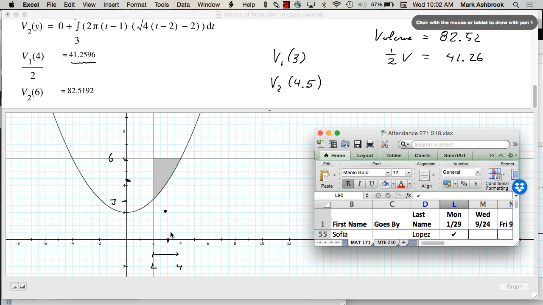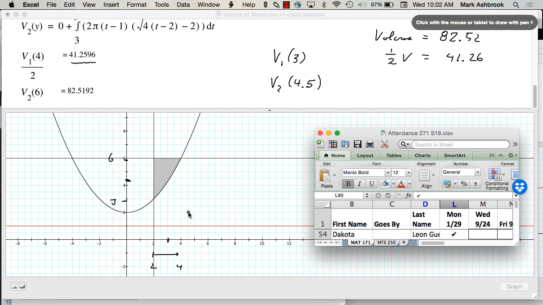Can you be more specific than just that V1 of 3 will not be 41.26? He wants greater than. Greater than or less than? Greater, because you imagine how it's accumulating, right? Imagine these cylinders as the volume accumulates.